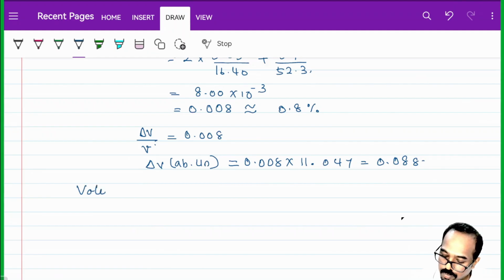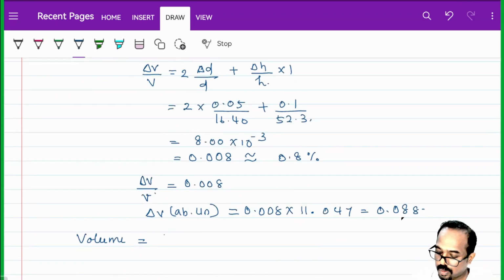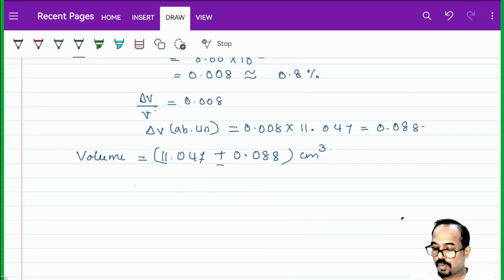So volume, how can you represent now? Volume is equal to the average value 11.047 plus or minus 0.088. So it is 11.047 plus or minus 0.088 centimeter cube.